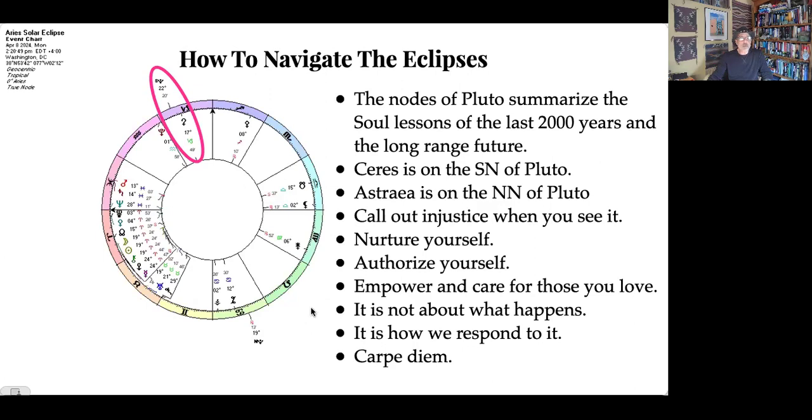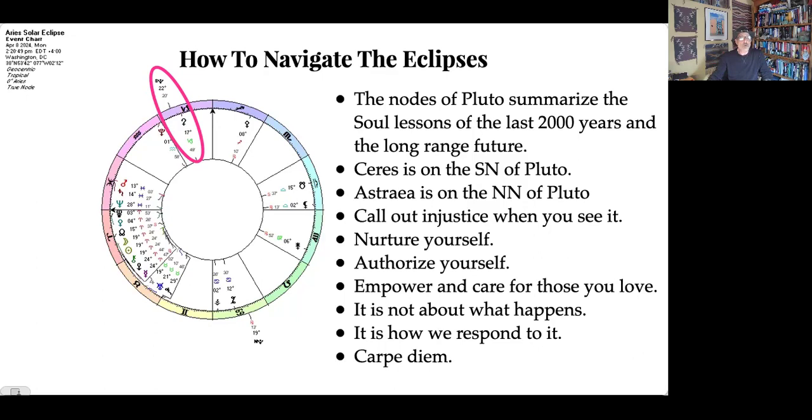Any planetary node, whether it's the moon or Pluto or Mercury, Mars, Venus, whatever it is, embodies the entire orbit of that planet. So again, it's why the moon is a 1 month orbit. What we're looking at is the 1 month history of the moon. But when we look at Pluto, we're looking at 2,000 years.